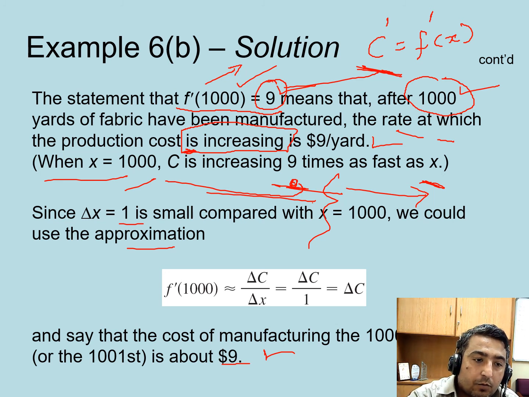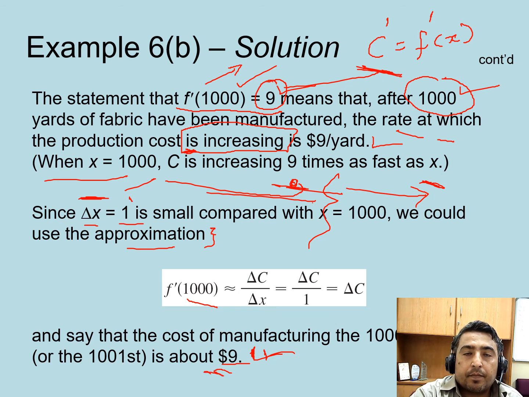This change does not increase so rapidly. If you incorporate delta x equal to 1, it means you want to check the cost after 1001 yards, so it's not going to increase much. It is still at the rate 9, but if you want to know after 2000, then the rate might increase.